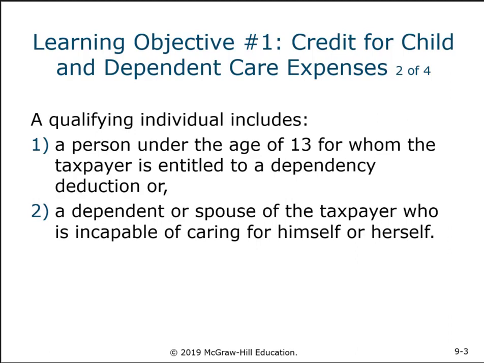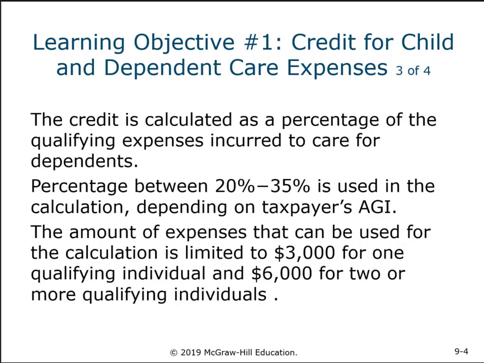Okay, so the qualifying individual is under age 13 and has to be a dependent, like we just said, or a spouse who is incapable of caring for themselves, so incapacitated in a way that they need to be cared for. The way this works is it's a percentage of the amount paid. It's never 100% of the amount you pay for the child care or dependent care.